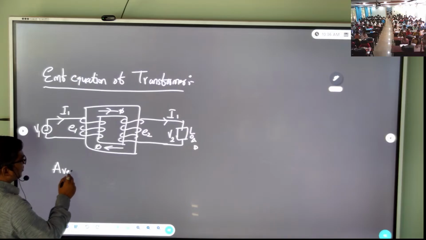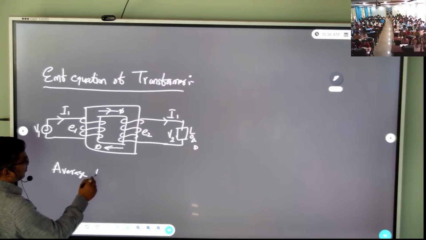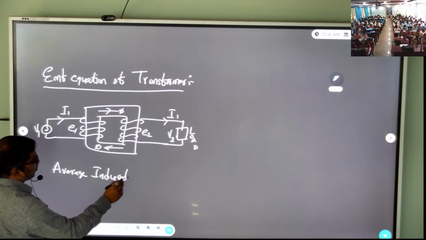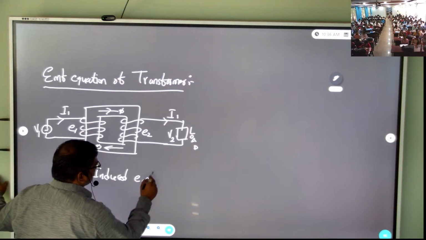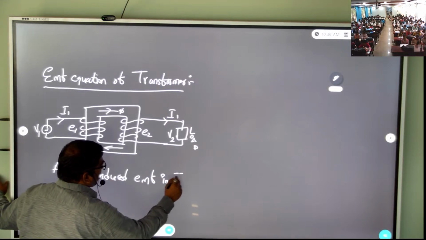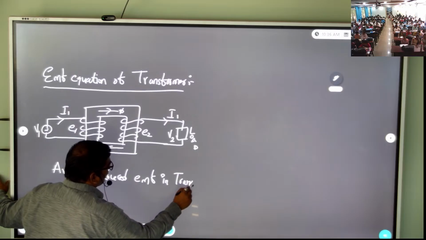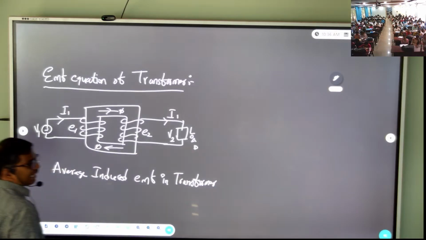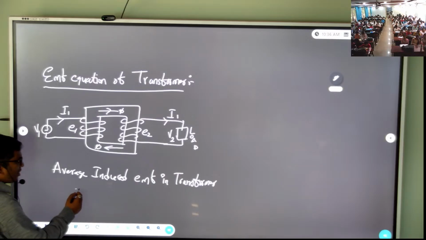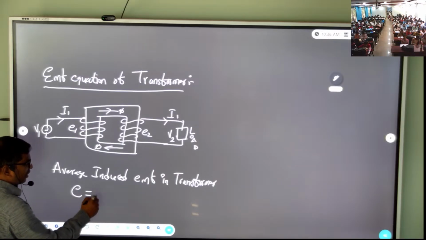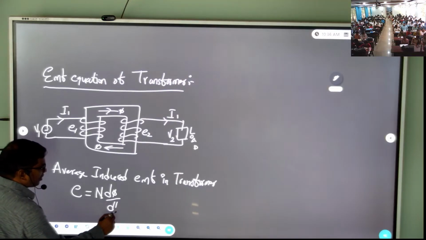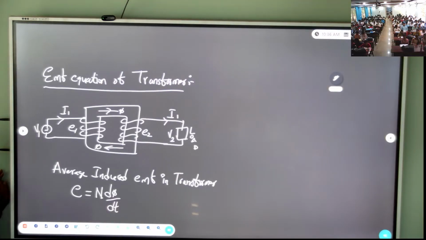Average induced EMF in the transformer is given by the formula E is equal to N d phi by dt. This is the general formula, average induced EMF.